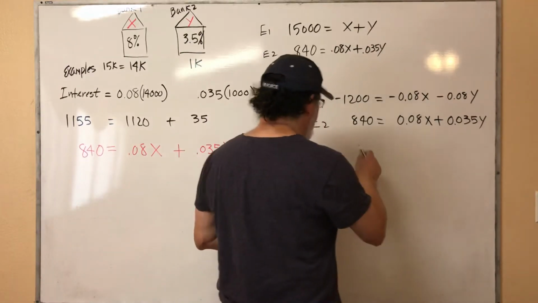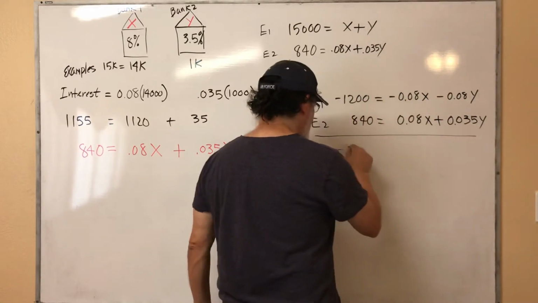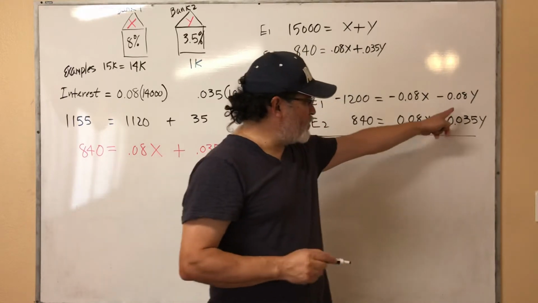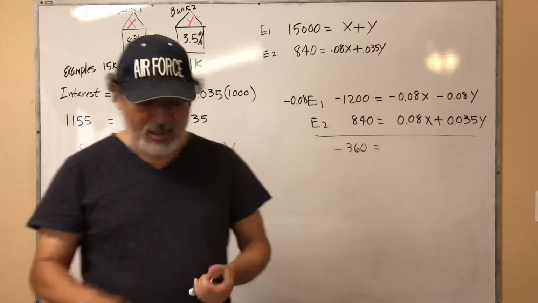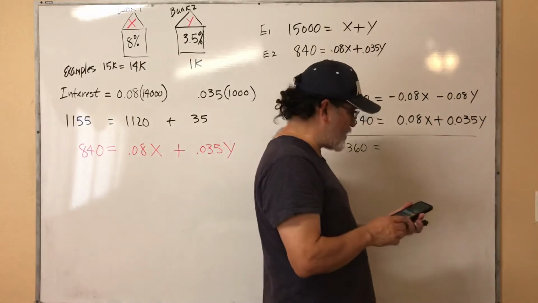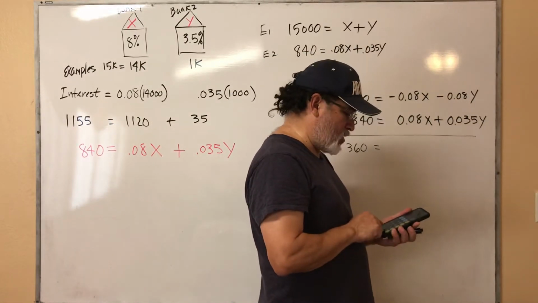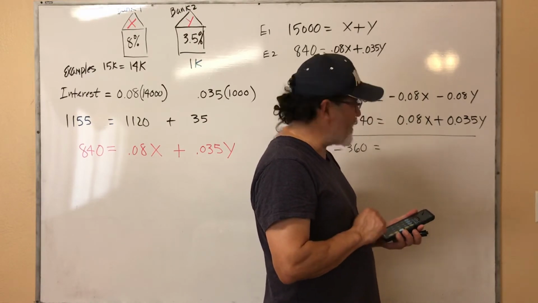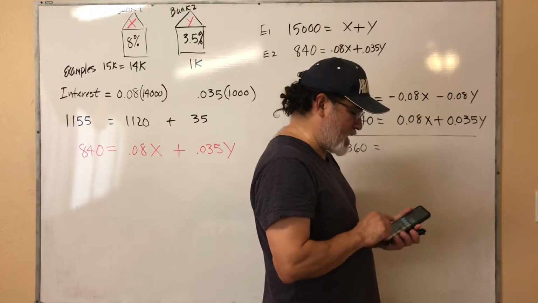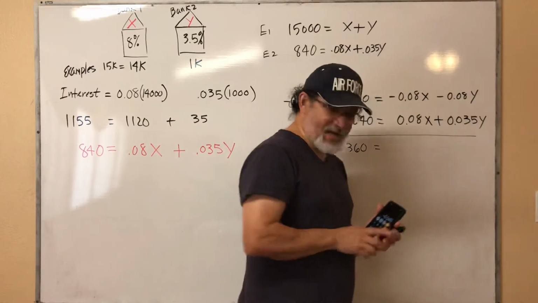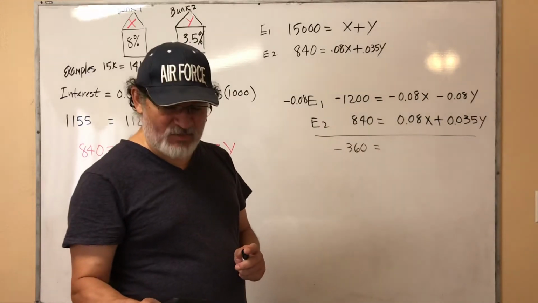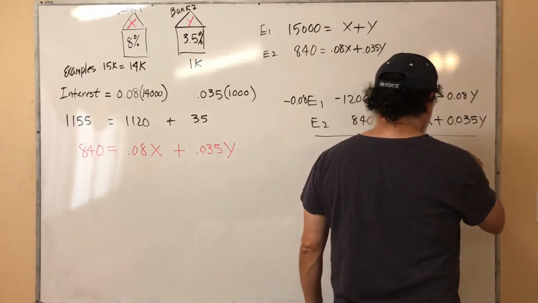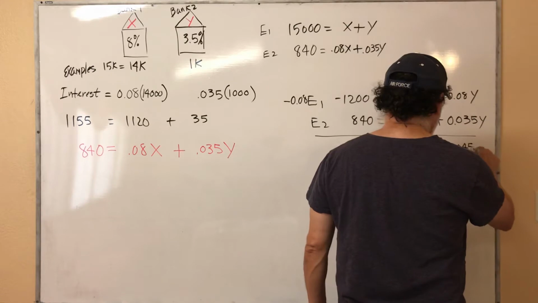So therefore this is negative 360. Add them up. Negative 360 equals, those two cancel. And you see those two? Just subtract. Okay? So say 0.035 minus 0.08, and I get negative 0.045. So minus 0.045y.